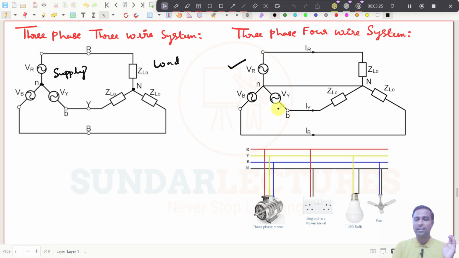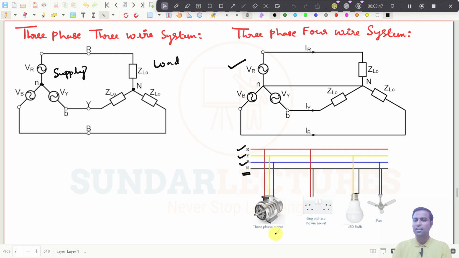If you see any supply lines coming to your home, it will be a 3-phase 4-wire system, where R phase will be there, Y phase will be there, B phase will be there, and it will have a neutral point. So what you can do there is connect it as a single phase. If you take a single wire, you can connect 3-phase also.